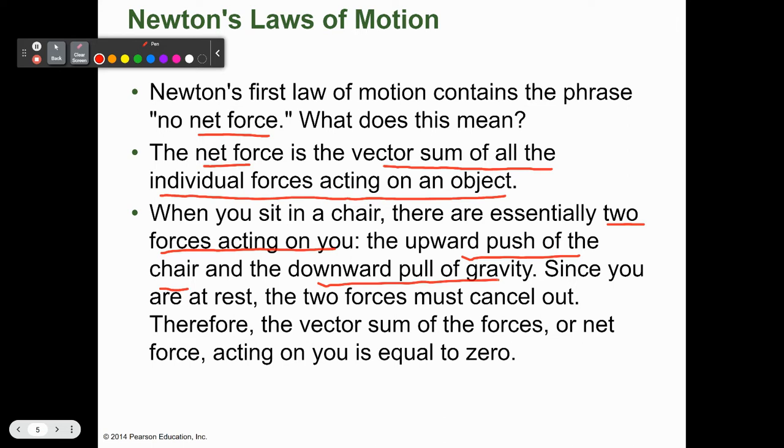Gravity's pulling you down, but the chair is lifting you back up, and that's why you don't wind up in the floor. The two forces, gravity down and the chair up, have to be equal, otherwise you'd be in the floor or floating in the air. So the vector sum of the forces, or the net force acting on you in that case, is zero.